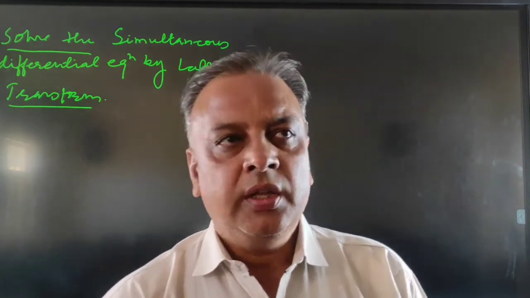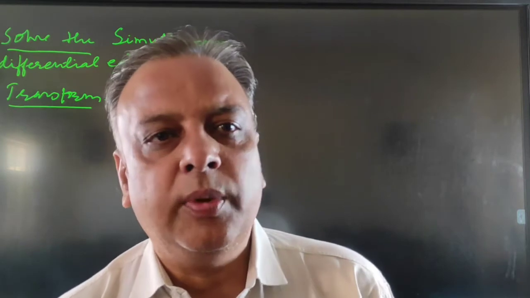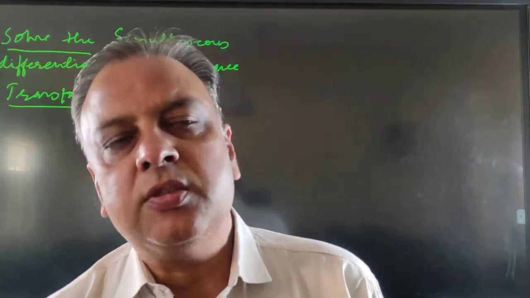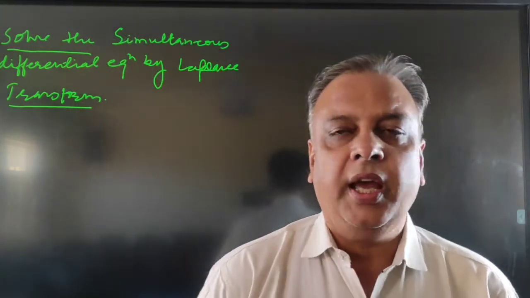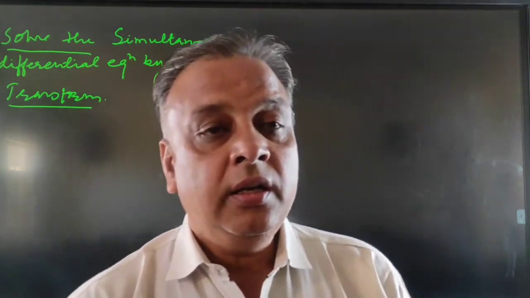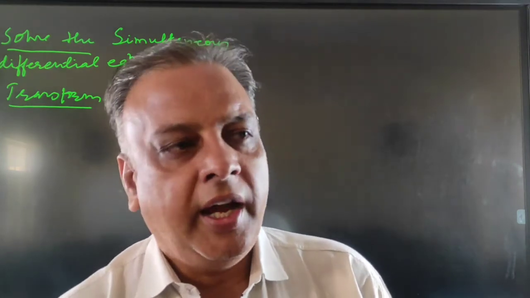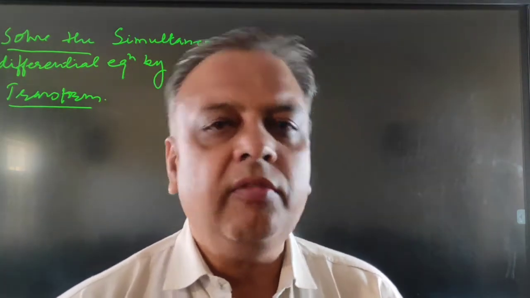If we take the Laplace transformation of x with respect to p as x bar and the Laplace transformation of y with respect to p as y bar, then we get the subsidiary equation of x in x bar and the subsidiary equation of y in y bar.